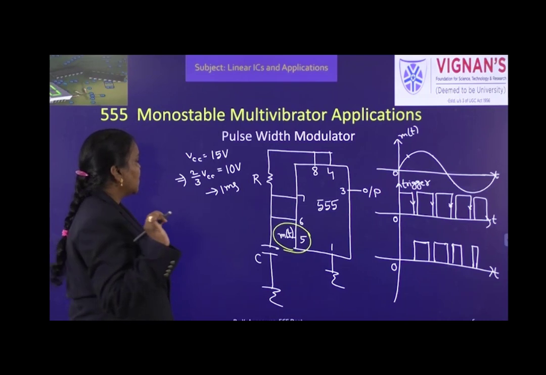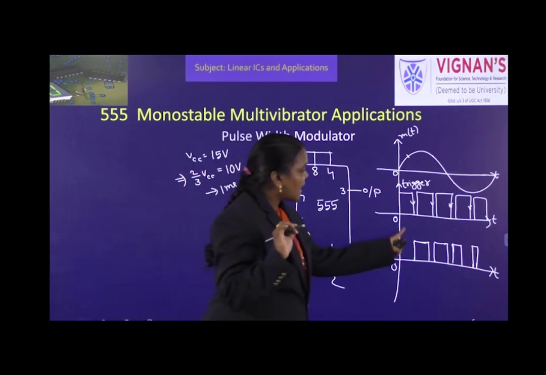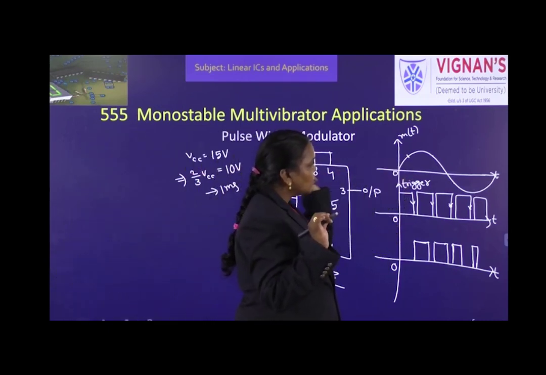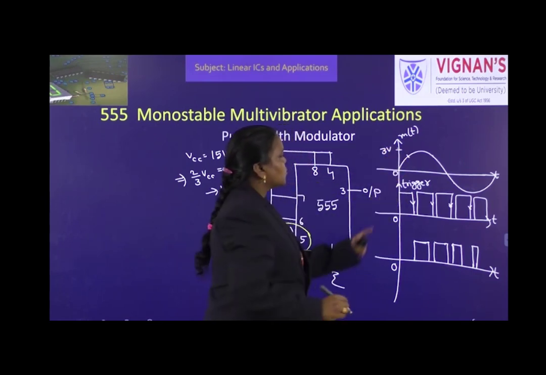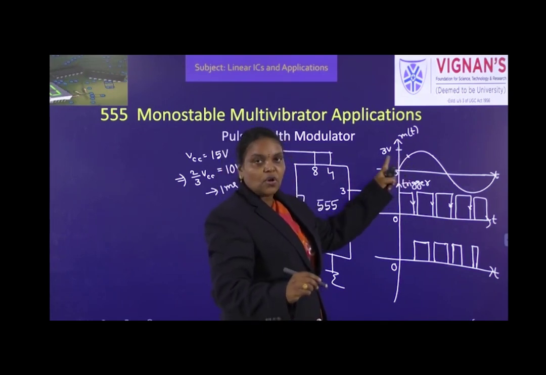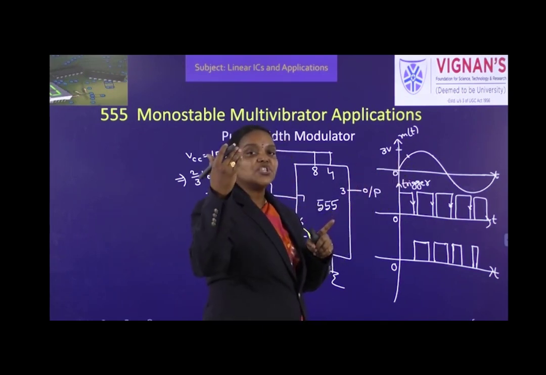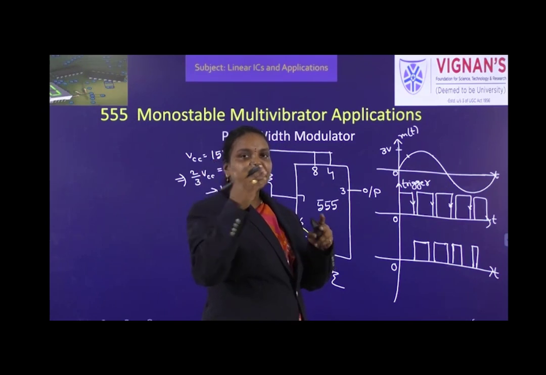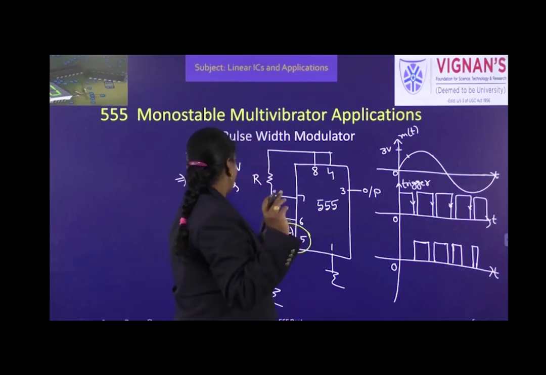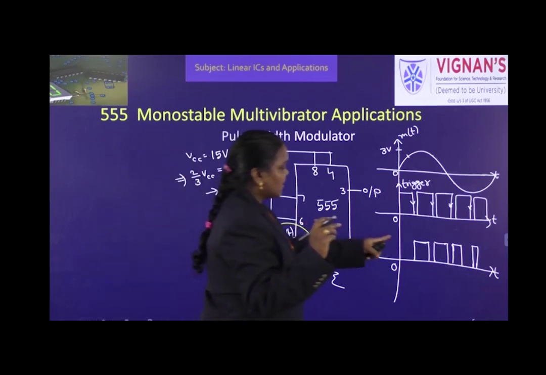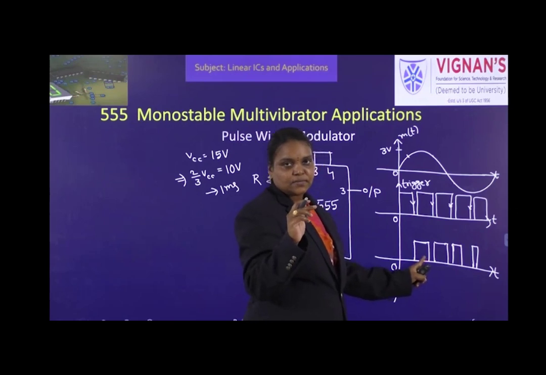Just assume. Now here what is happening? In addition to 10, suppose this peak is some 2 volts. So now the capacitor needs to reach 12 volts. So reaching 10 volts it is requiring 1 millisecond, means reaching 12 volts it needs more than that. So that's why the pulse width is more than 1 millisecond.